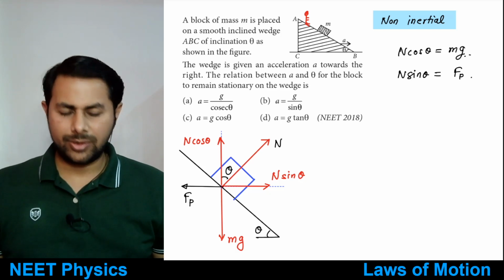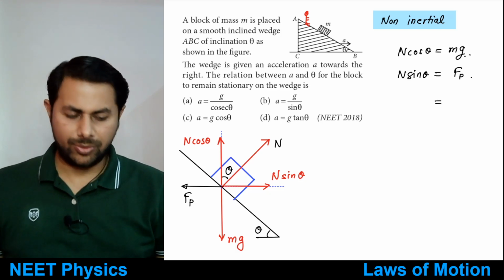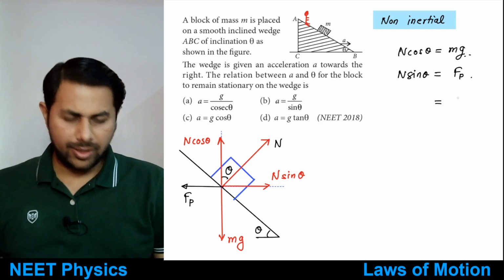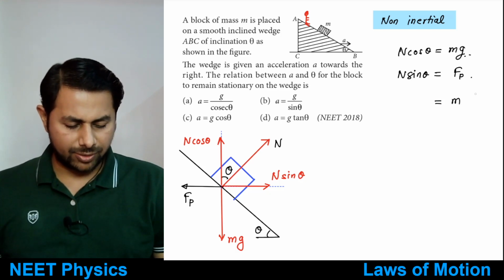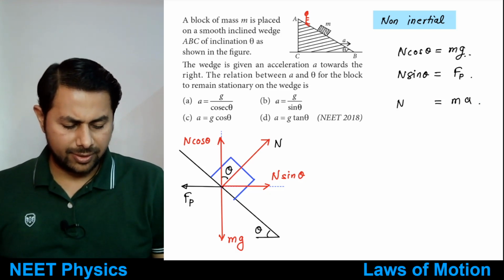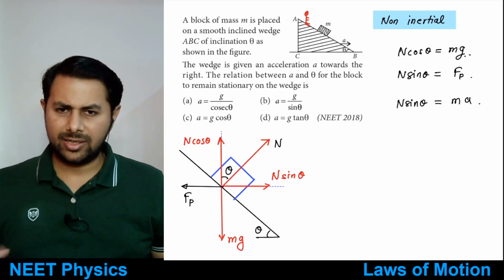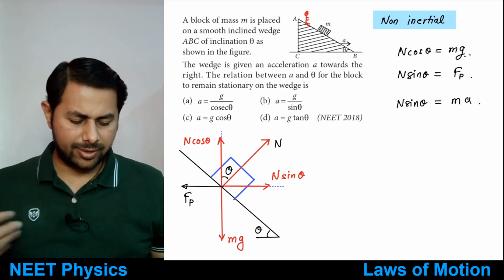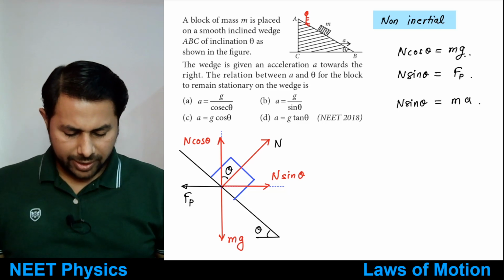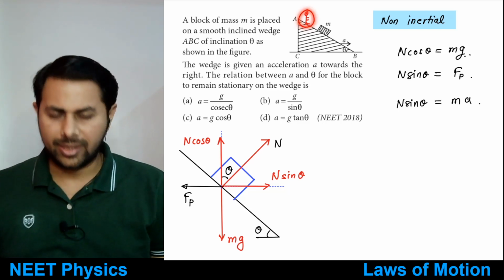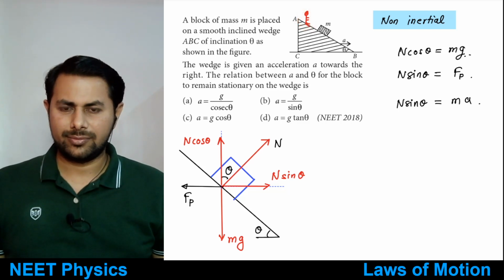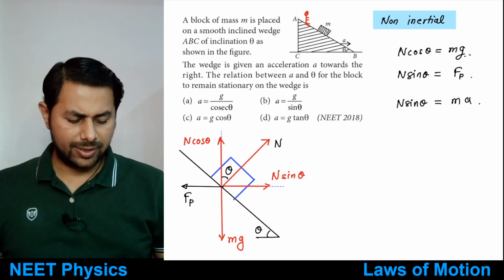And what is the pseudo force? So we know the magnitude of pseudo force is equal to what? Mass multiplied by acceleration of the system, m times a, okay. So then it comes out to be same, right? Next steps are same. There is only one difference, that is the difference in thinking, okay. This thing is clear? Yes, no?